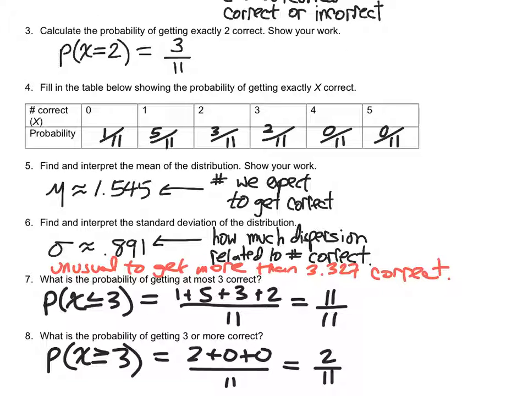Which is a really nice feature, because now if a question said find the mean and standard deviation of a binomial distribution, I could do it very, very easily, right? Because I could store this information. So I would just hit store and pop it into L2. Actually, I'll put it in L3 because we typed in our experimental values.